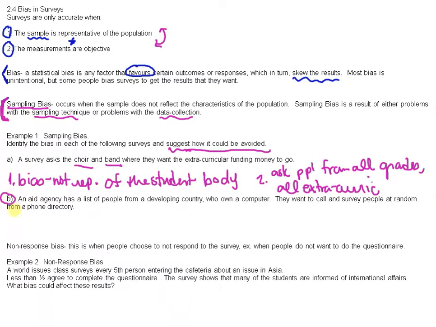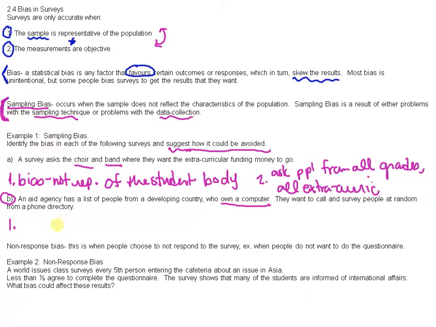Okay, B: an aid agency has a list of people from a developing country who own a computer, and they want to call and survey people at random from a phone directory. The phone directory, that's pretty fair, if you ask me. It has maybe everybody in the community.